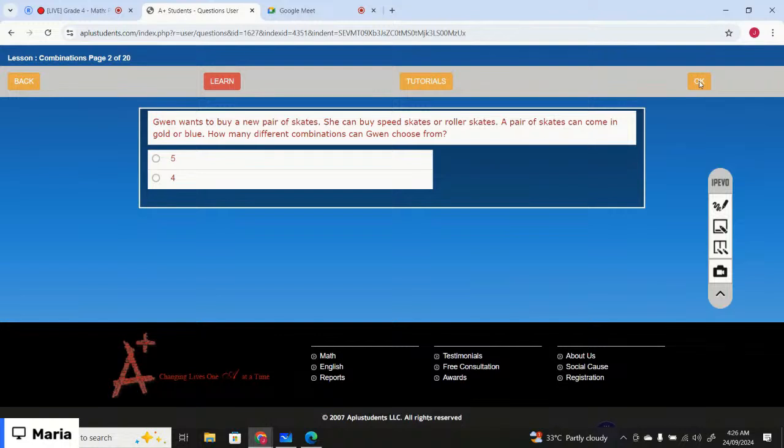So, the correct option is 4. Option number 2 is the correct option. That means total 4 combinations.